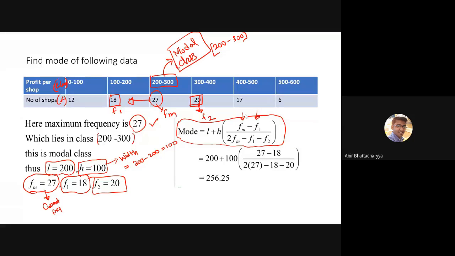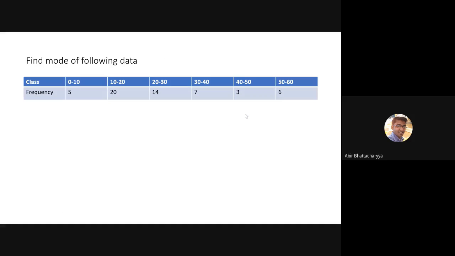Okay, all of you, let's go for some other questions. I hope it's clear. Now, this is your task. Find the mode. Before finding the mode, you have to write something, all together, not just the answer. I don't want the answer only. The very first thing, what is L? Then what is H?